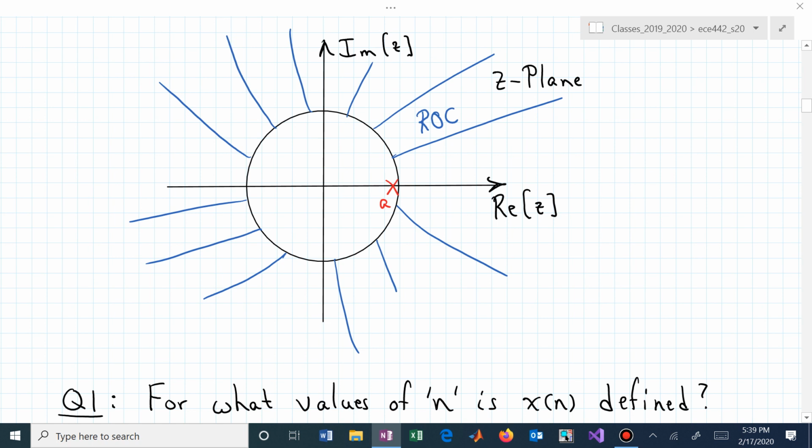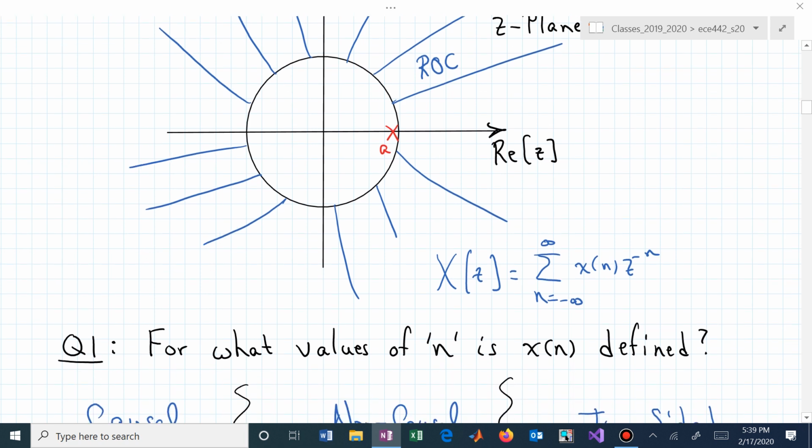So why is this one causal? How do you rationalize that answer rather than just guess? What I would maybe do is say, this is giving me capital X of z, the infinite sum of x of n z to the minus n.